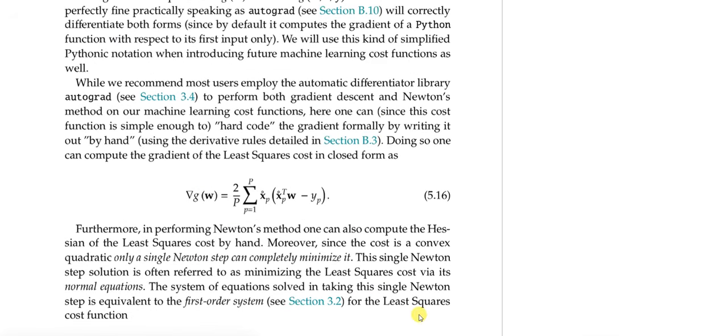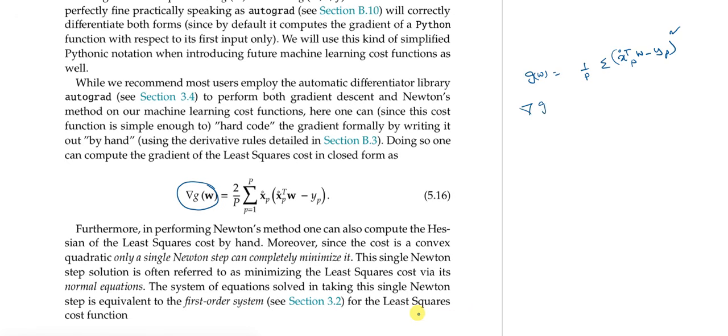You can come across linear regression. Finally, what you are doing here is the gradient. So here I am differentiating this with respect to w, since it is a square. What is the g of w? g of w equals 1 by P sigma of (x_p transpose w minus y_p) whole square.